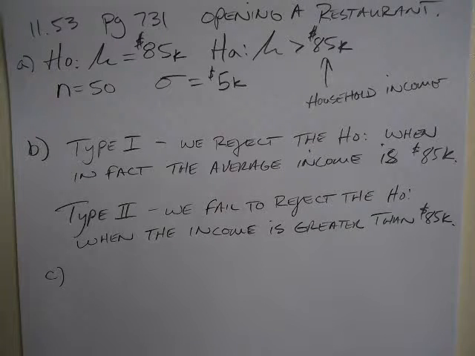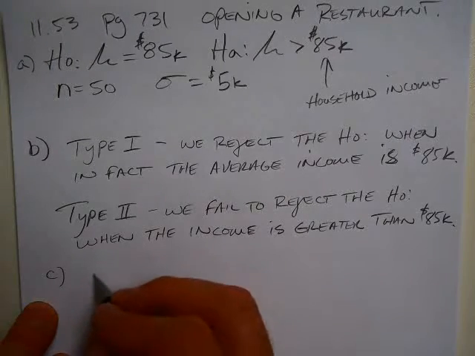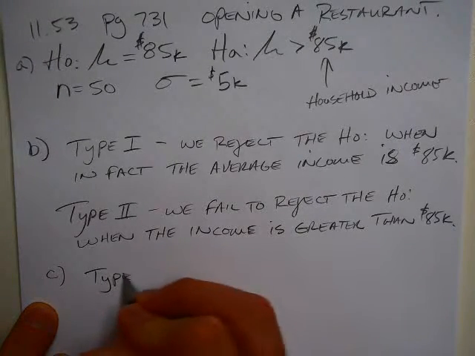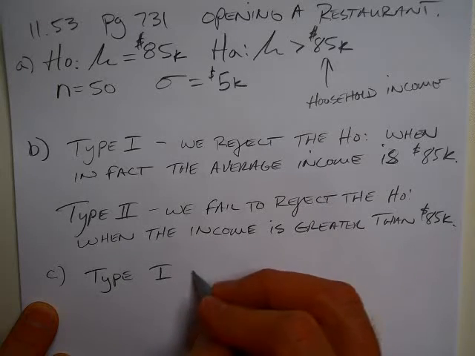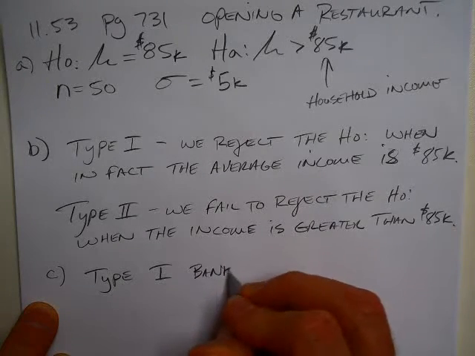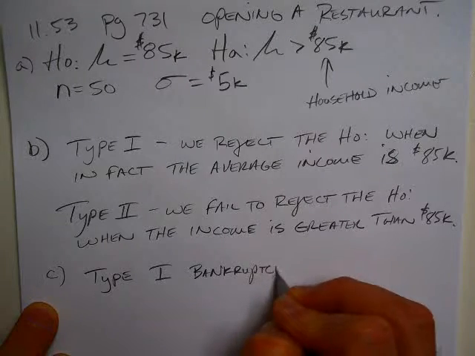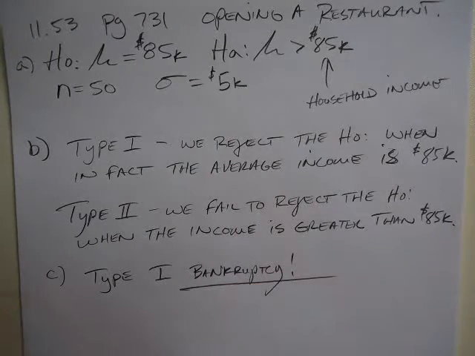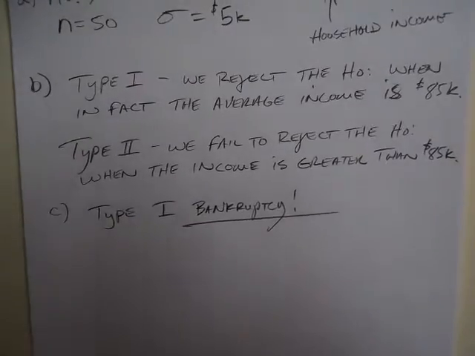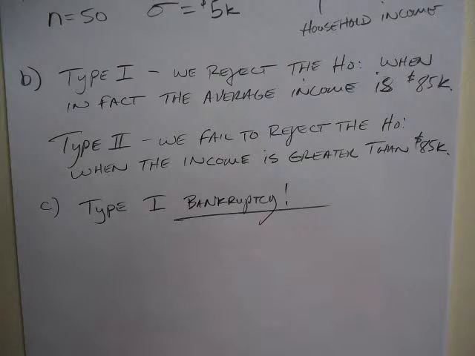What's worse? Yeah, right. The type 1 is way worse in this case. The type 1 will bankrupt the person. Type 2, you just move on to another area and you go, okay, well, let's have a look at this spot, right? Type 1 is bankruptcy. Which is a reality of many businesses.